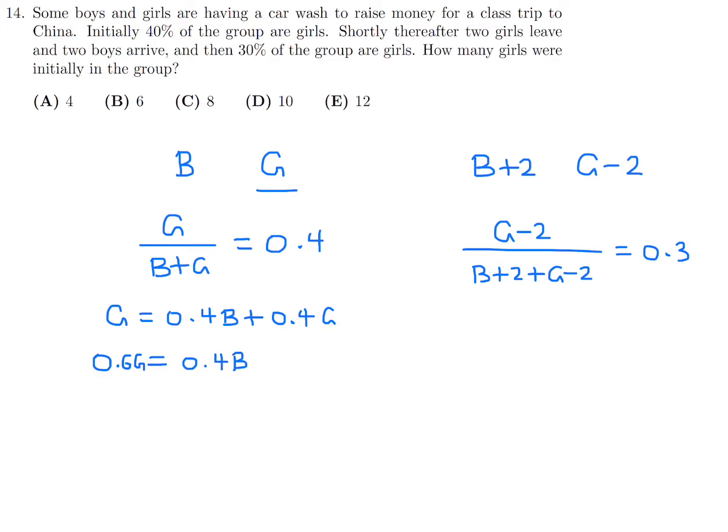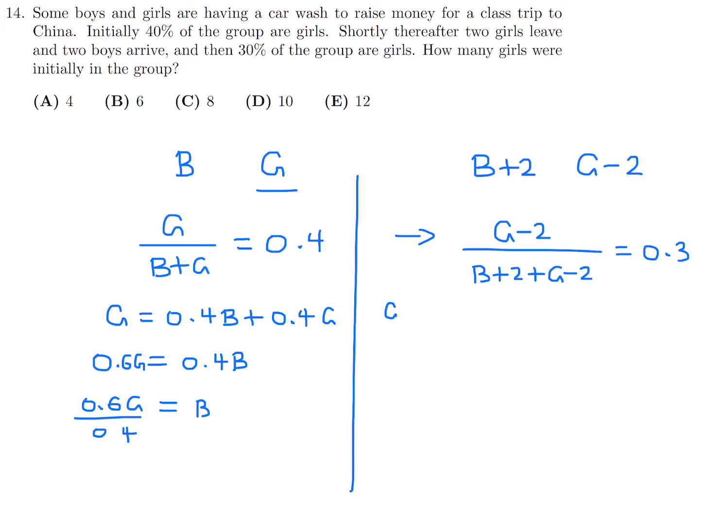And I'll just isolate in terms of G, because that's what I have to substitute into here. So that means B is equal to 0.6G divided by 0.4. So that's what I'll substitute into here. So here we go. Let's simplify this a little bit first.